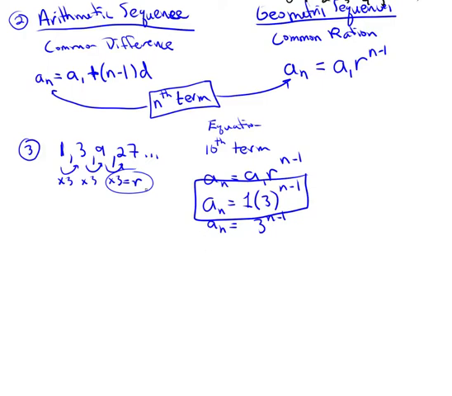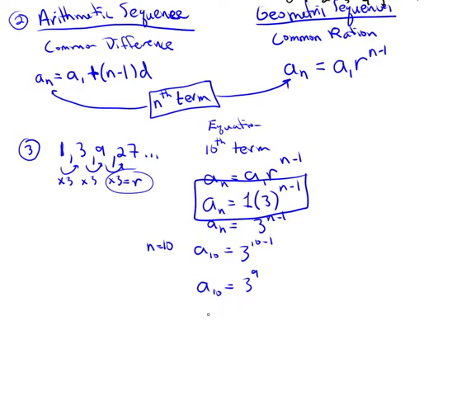Now I'm going to substitute in 10 for n to find the 10th term in our sequence. So a sub 10, I'll substitute 10 in for n, equals 3 to the 10 minus 1. So a sub 10 equals 3 to the 9th power, multiplied by the 1 of the first term.